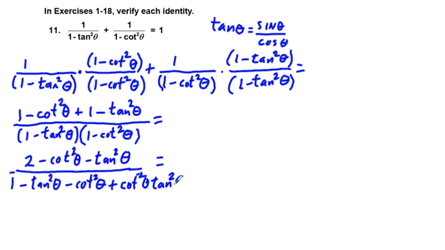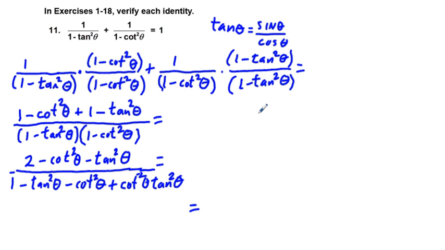Okay, so we have that. And we're going to be able to simplify quite a bit here, especially in the denominator. And I will show you that, because what we have is this cotangent squared theta times tangent squared theta. I'm going to do this kind of on the side here.